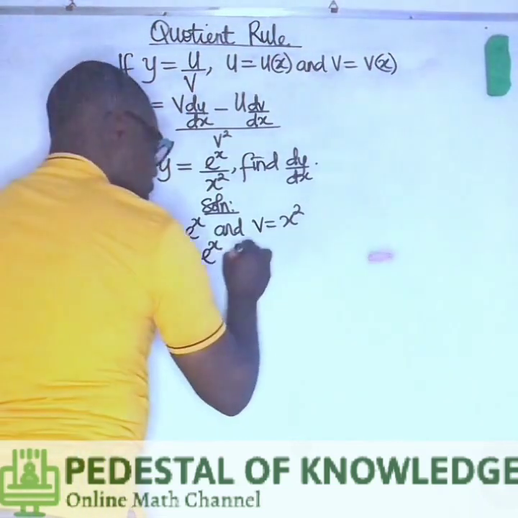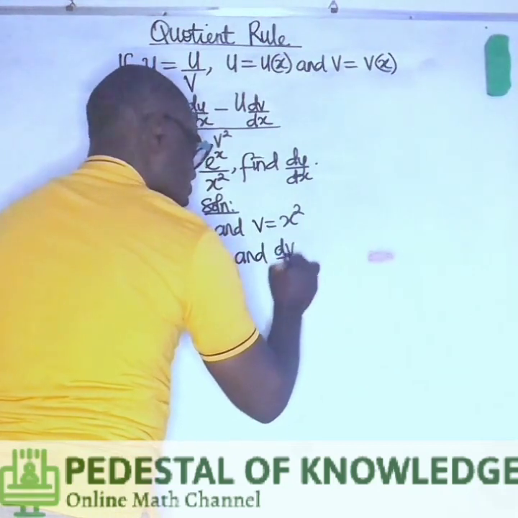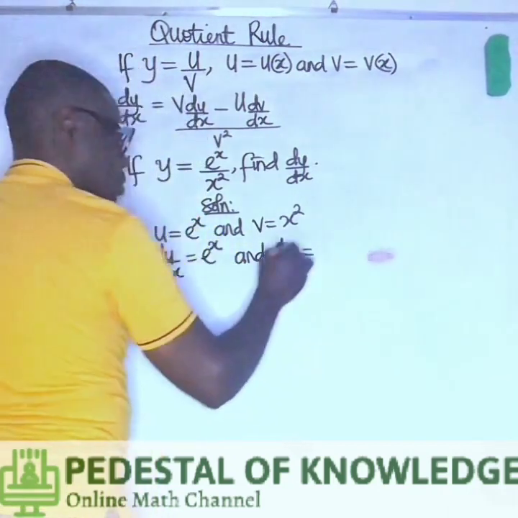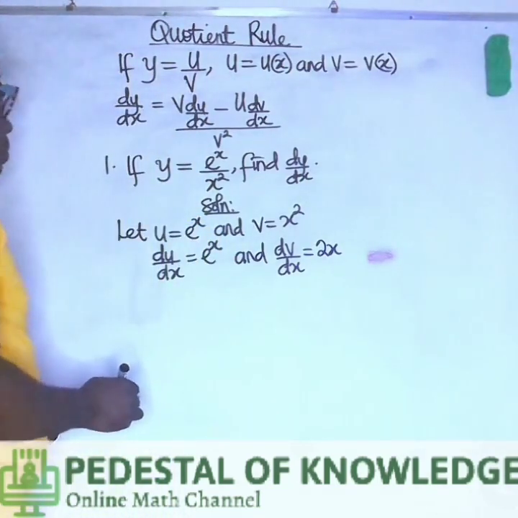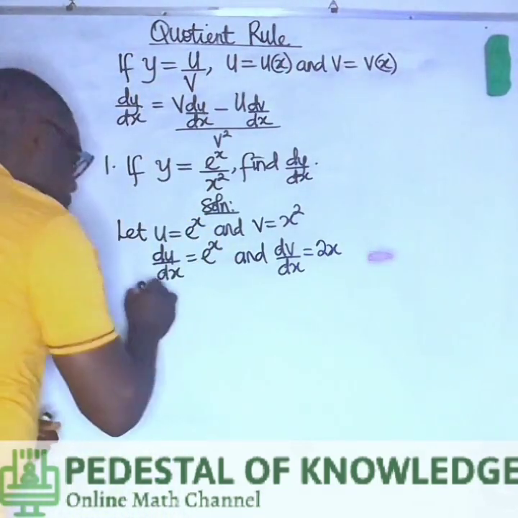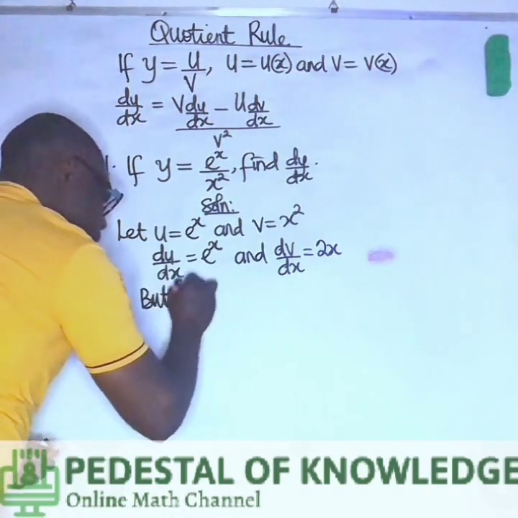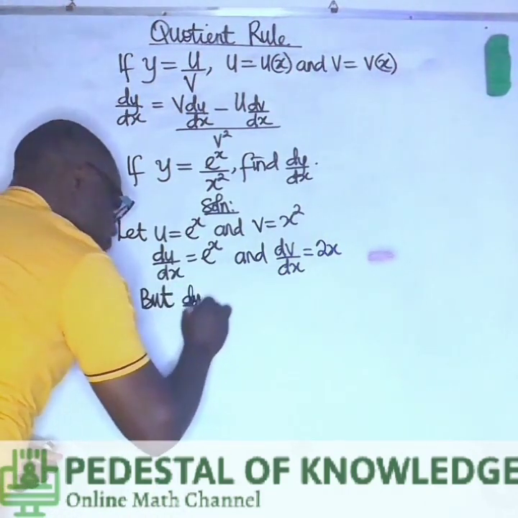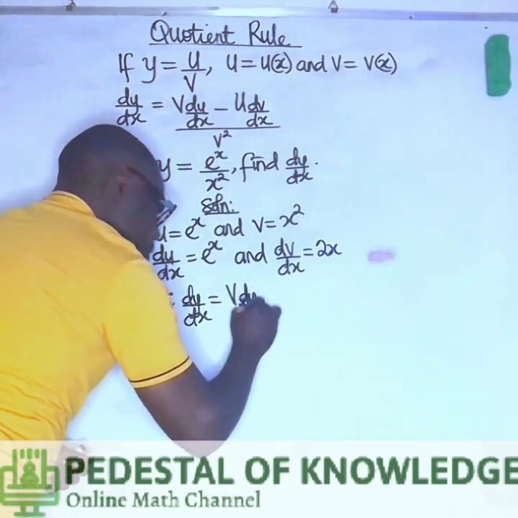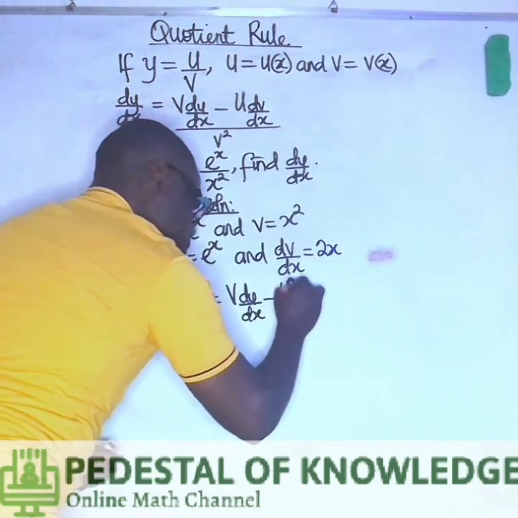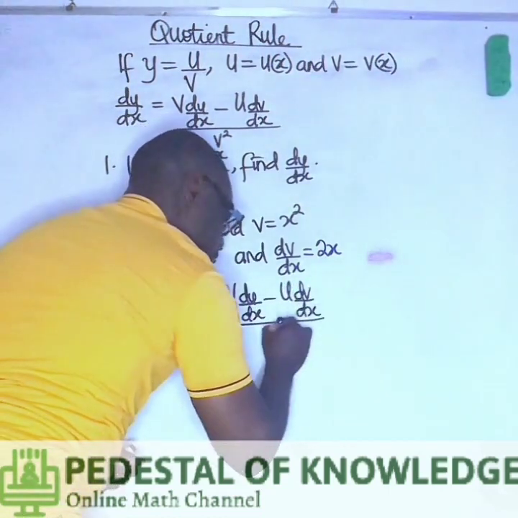And dv/dx is equal to 2x. Now, dy/dx is equal to v du/dx minus u dv/dx all over v squared.